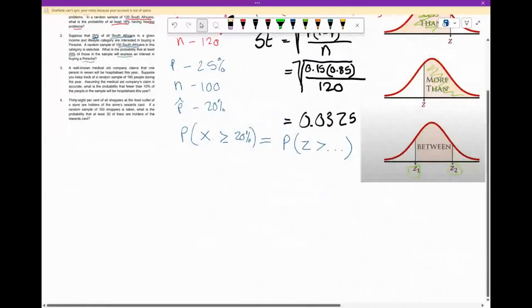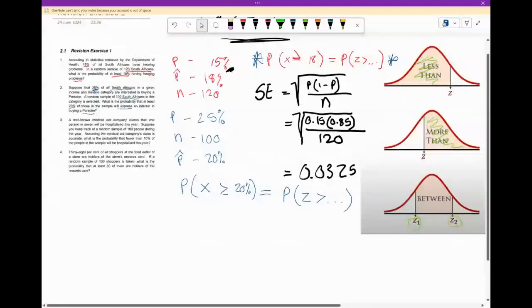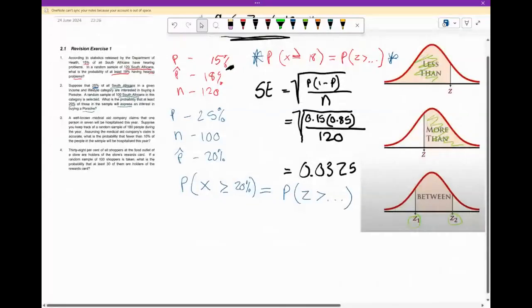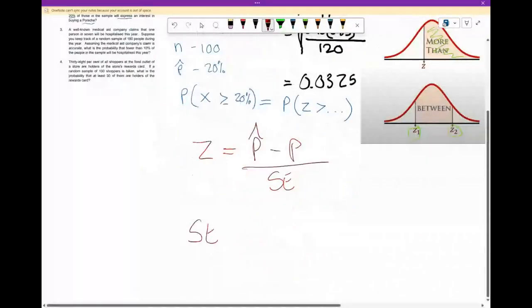Now we say to ourselves again, to get the Z score, we look at our formula. Z is equal to P hat minus P divided by SE. Again, we don't have SE, so we need to solve for SE first.